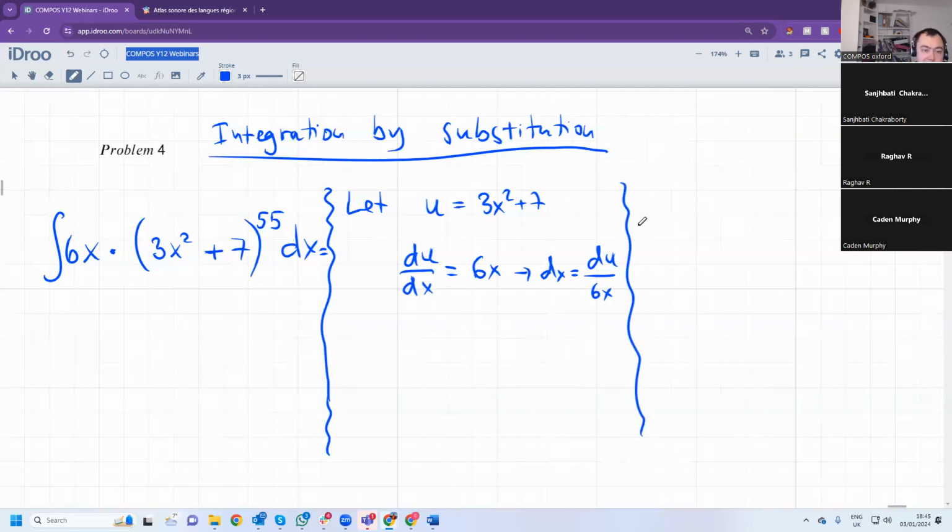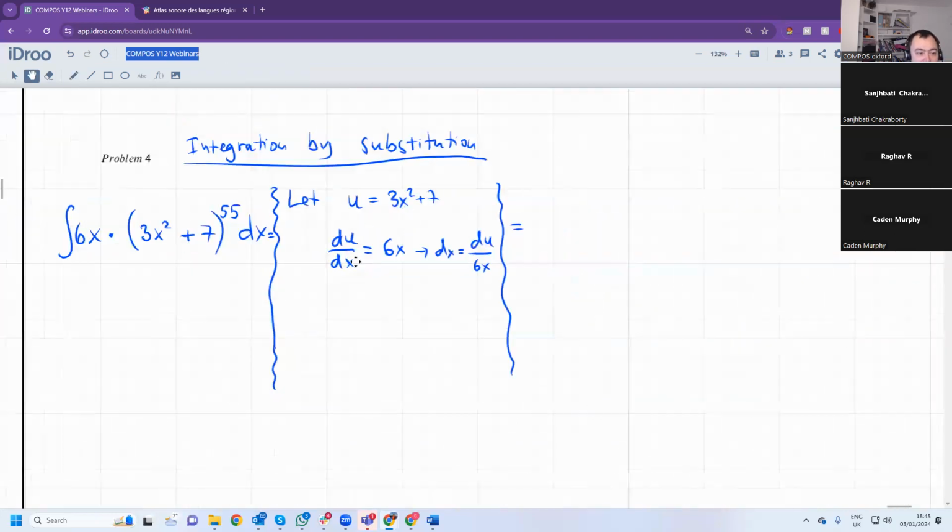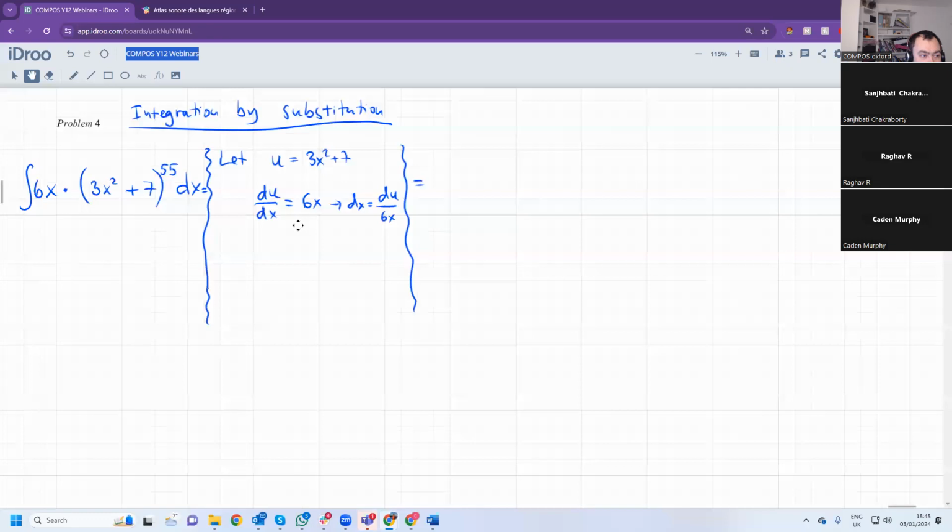All right, let's substitute that in and see where that takes us. Perhaps it takes us to a nicer place. So it's the integral of 6x. We don't know what to do with 6x yet. Multiplied by 3x squared plus 7, but 3x squared plus 7 is u. So that's u to the power 55. And then dx is du over 6x, so multiplied by du over 6x.